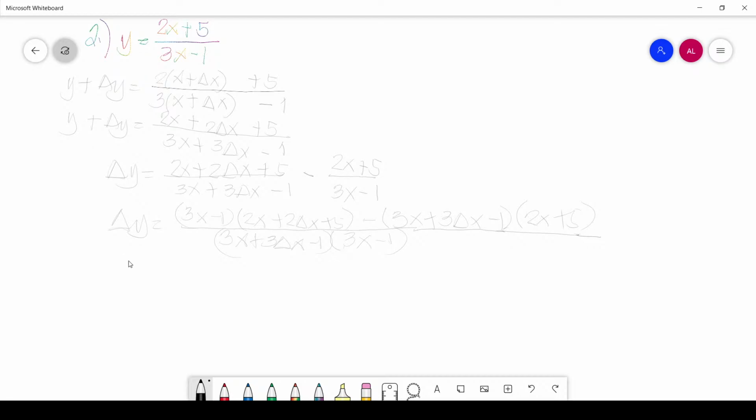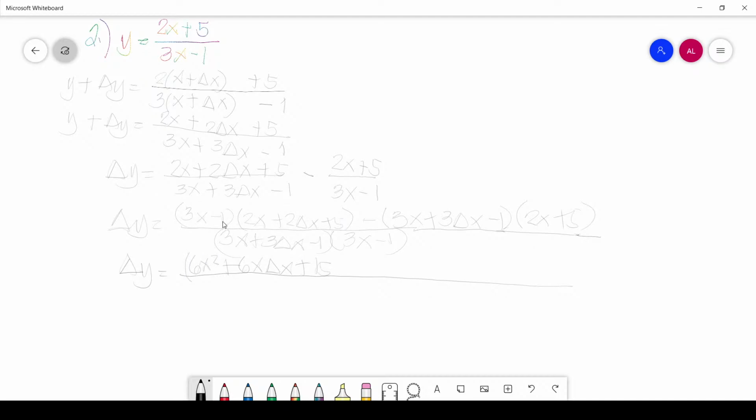Okay. Let's expound. It's a bit long, so let us expound. This is 6x squared. This is 6x delta x. Then 15x, just the quantity first.